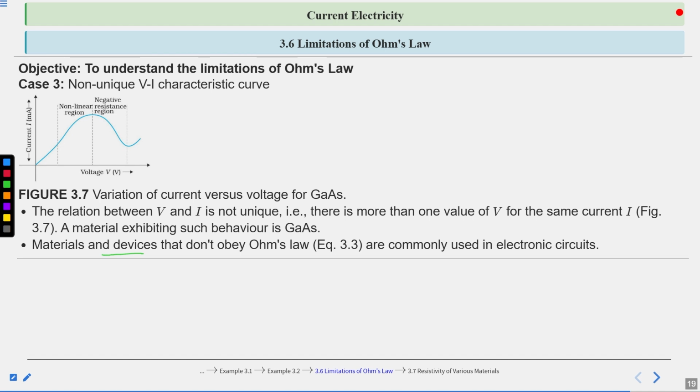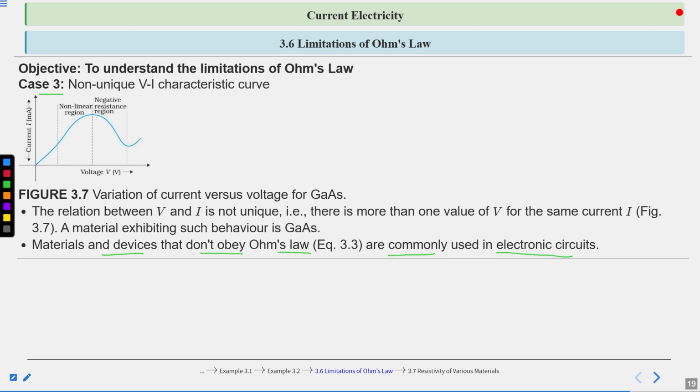Materials and devices that don't obey Ohm's law are commonly used in electronic circuits. In case 2 and case 3, we have discussed two graphs corresponding to semiconductor materials, and these types of materials are used in electronic circuits. You may have seen an electronic circuit and its small components.